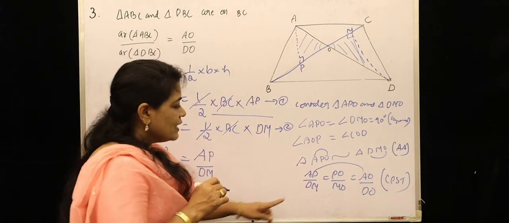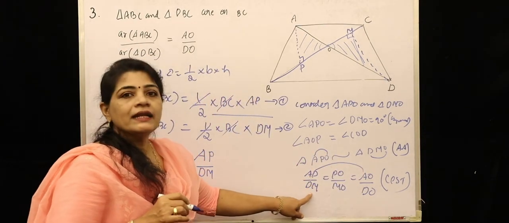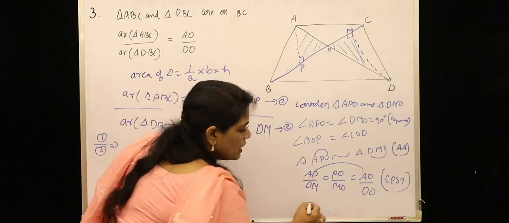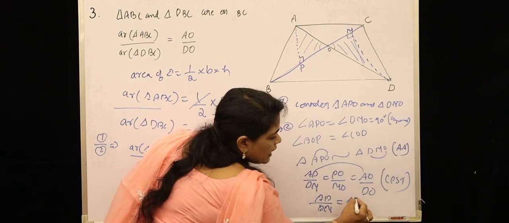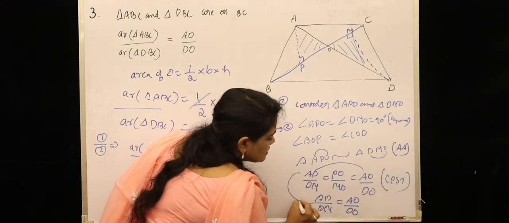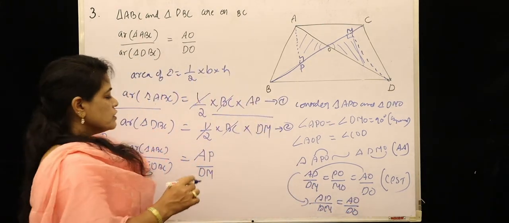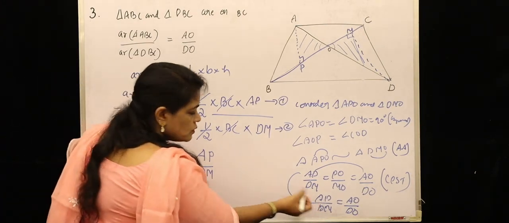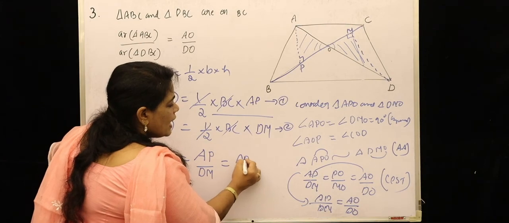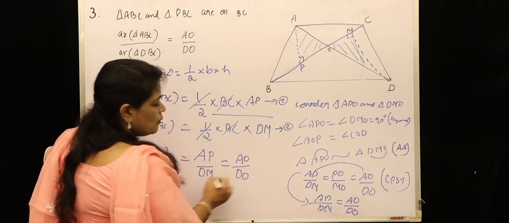You can write AP by DM is equal to AO by DO. We need this. So I am going to substitute for AP by DM, this is equal to AO by DO.